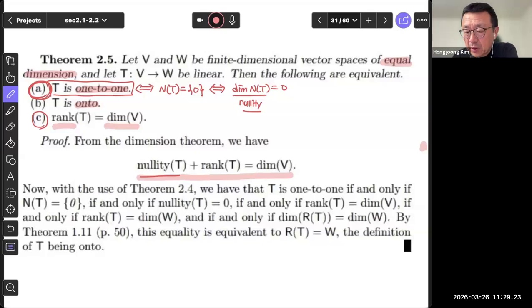I don't need this equal dimension between V and W. For any vector spaces V and W, if the mapping T is linear, then that linear mapping will be one-to-one if and only if the null space consists of 0, so that the nullity is 0. Okay? You understand what I'm saying?